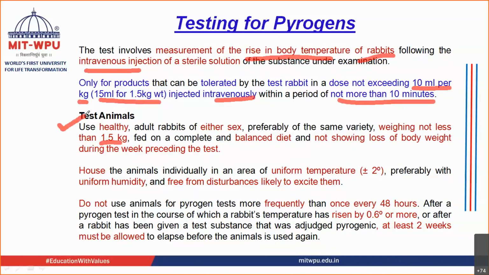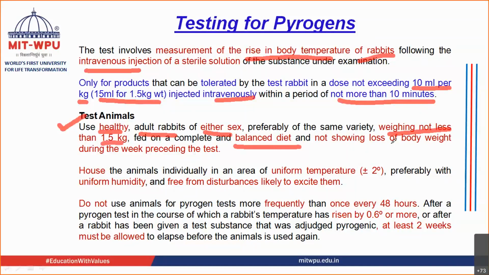Something regarding the animal, how the animal should be. It should be healthy. It should be an adult rabbit. It should be of either sex, that is male or female, both are acceptable. And it should be weighing not less than, as I told you, 1.5 kg, right? He should always be fed on a proper balanced controlled diet.